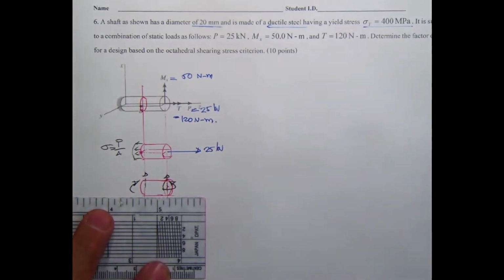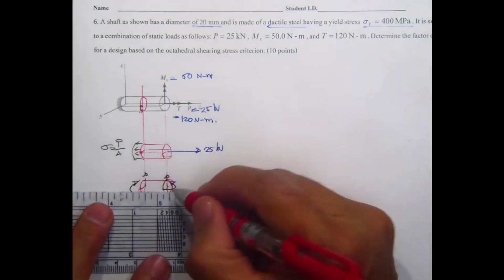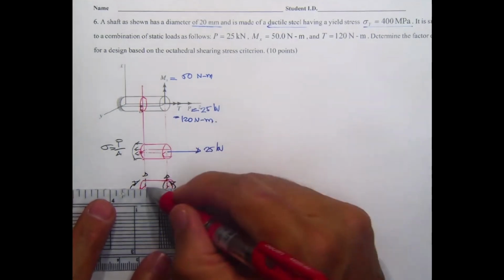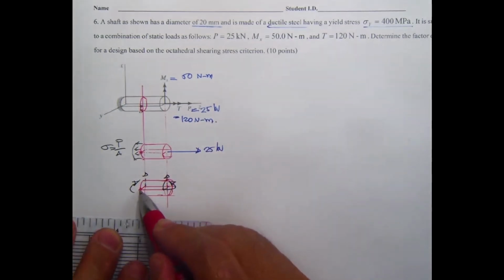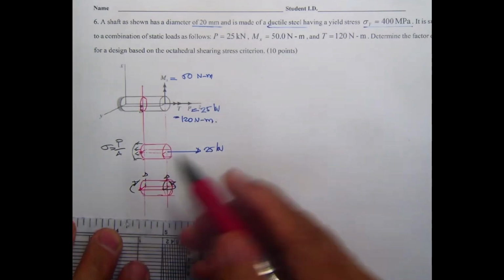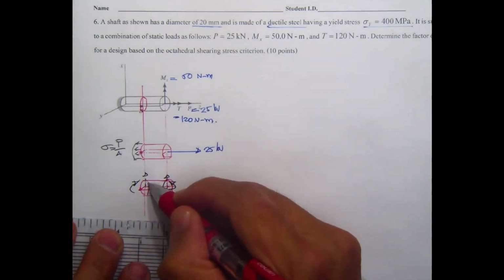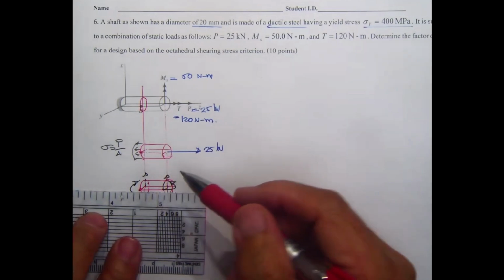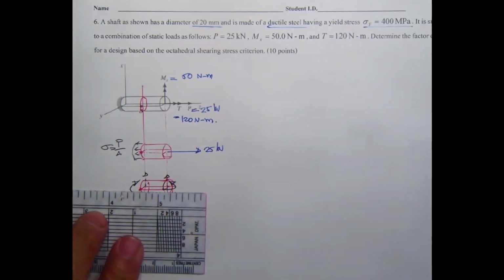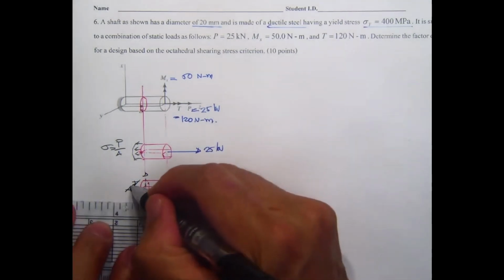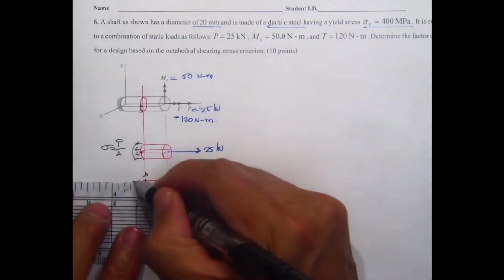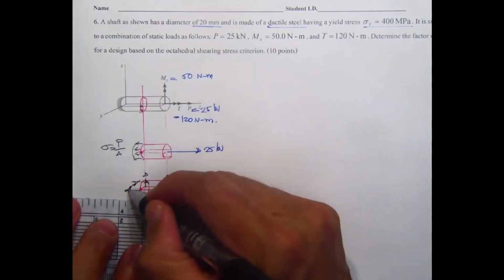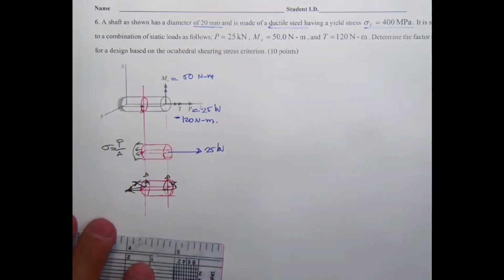Then this is your point B, and your point B is going to be at this end, not on this end. So for sure, this is going to have the tension, and this is going to have your compression, and this is going to be your stress distribution on this one.